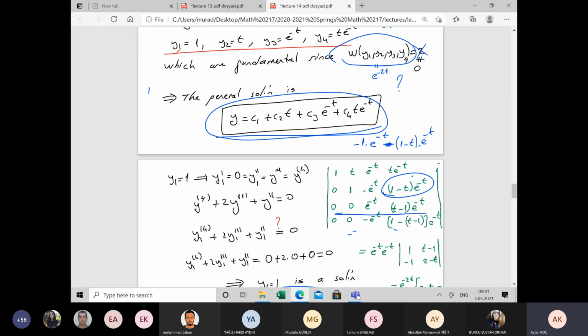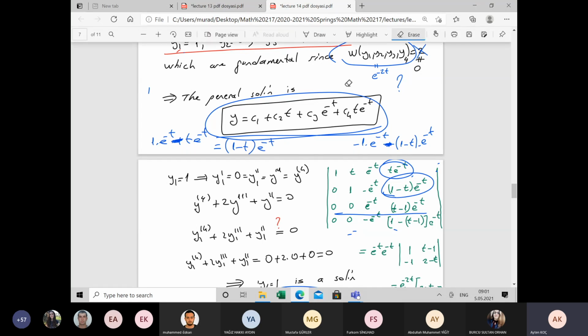Any idea? I take the derivative of this one, 1 times e to the minus t, plus t e to the minus t minus. So we obtain 1 minus t, e to the minus t. This one. Yes, it's true.